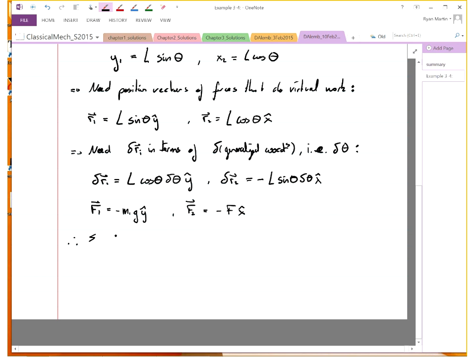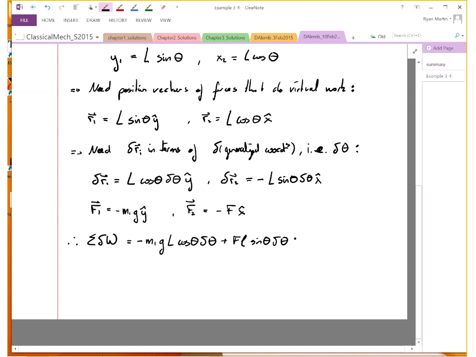So the total virtual work is the work of F1 dot delta R1. So we have minus M1 G L cos theta delta theta. And then we have delta R2 dotted with F2. The minus signs cancel. So that's plus F L sine theta delta theta.